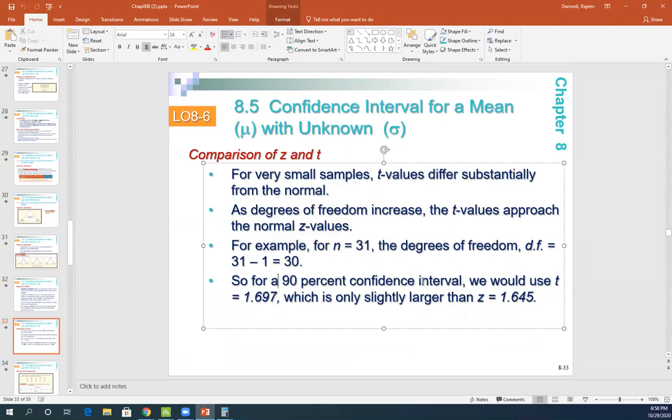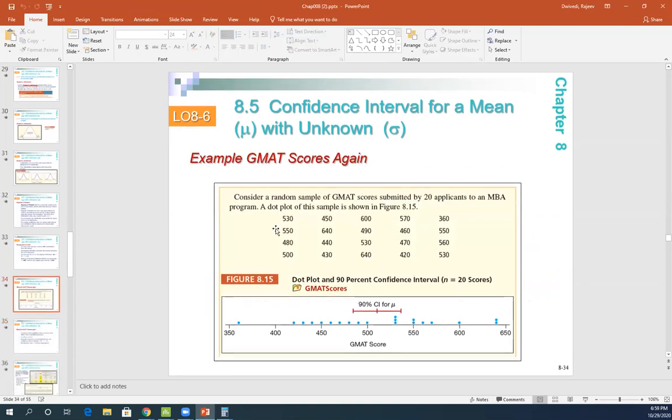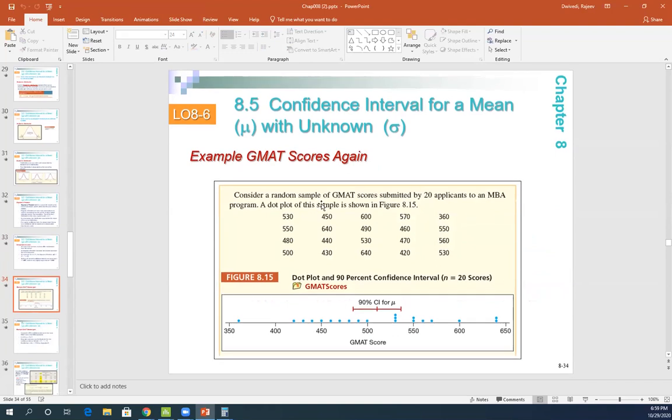So for a 90% confidence interval, we would use a t value which is only slightly higher than the Z value, which is 1.645. So this is what we have seen in the previous class, that after n equal to 30, these values are very close to each other. So this is the Z test, and we are doing it for Z here.